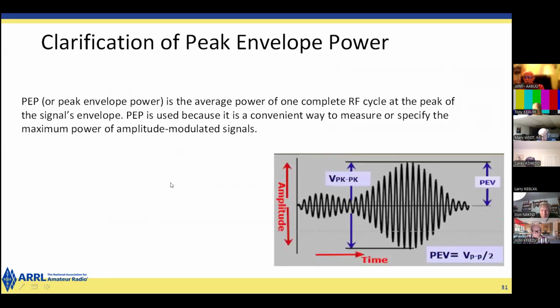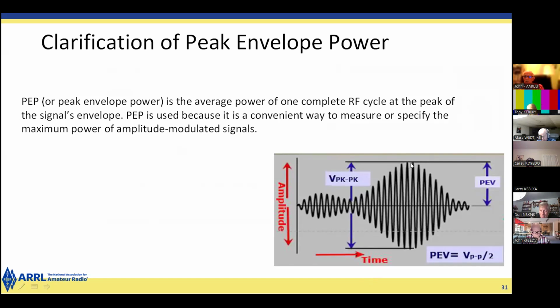But this is what I wanted to show you, this little gem here, which I thought kind of explained it a little better. So the peak envelope power, this sine wave you see here, what they're really representing is an amplitude modulated signal. The high frequency is the sine wave there, and then the amplitude of it is going up and down.